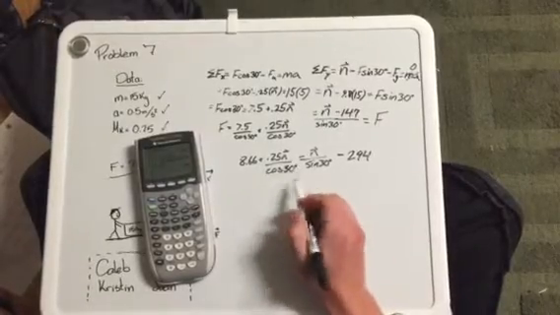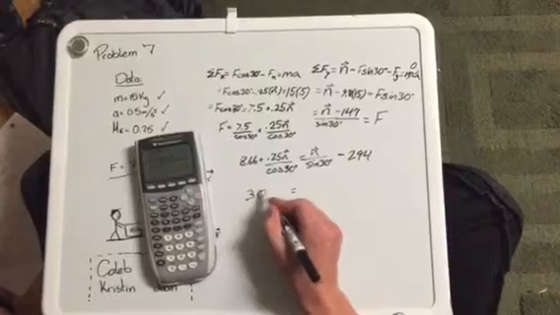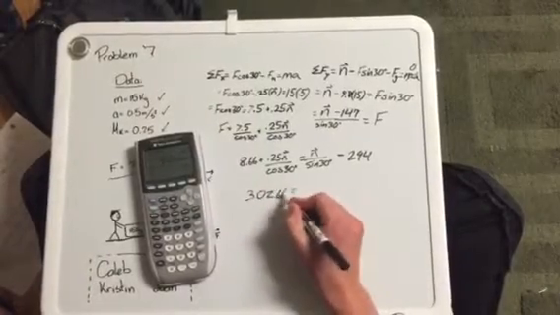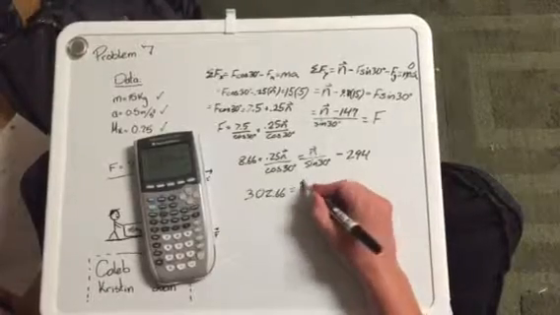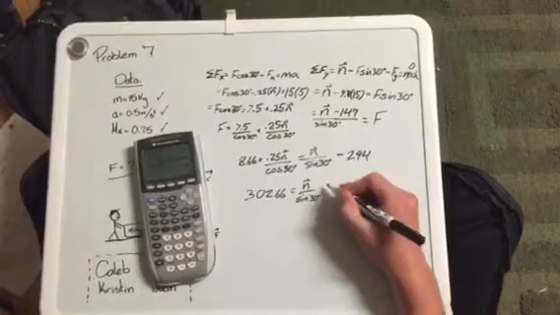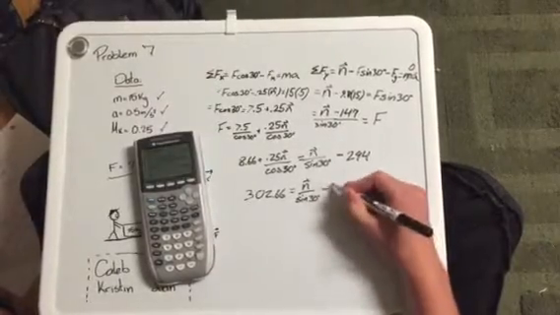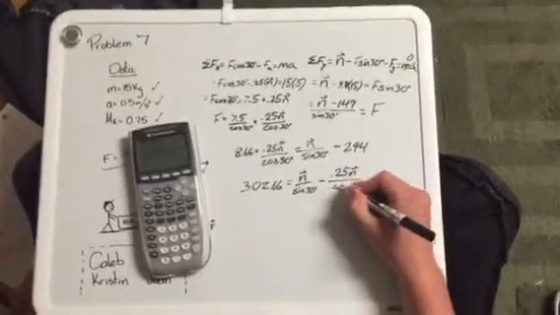And get the variables on the same side. So add it, 302.66, which equals force normal divided by sine 30 minus 0.25 force normal over cosine 30.